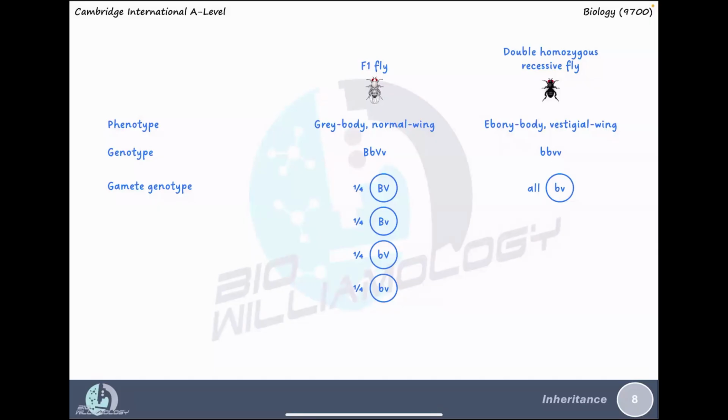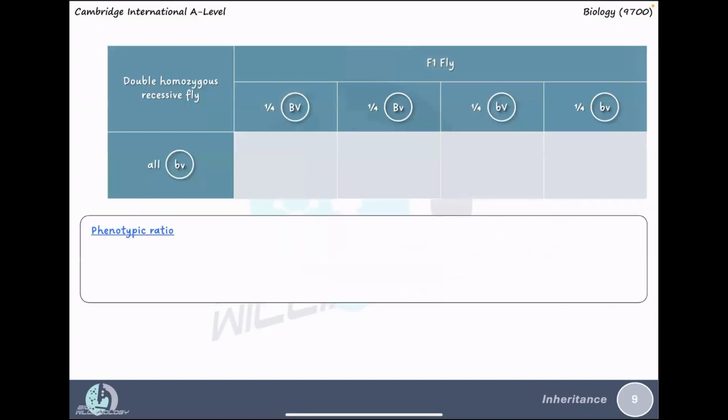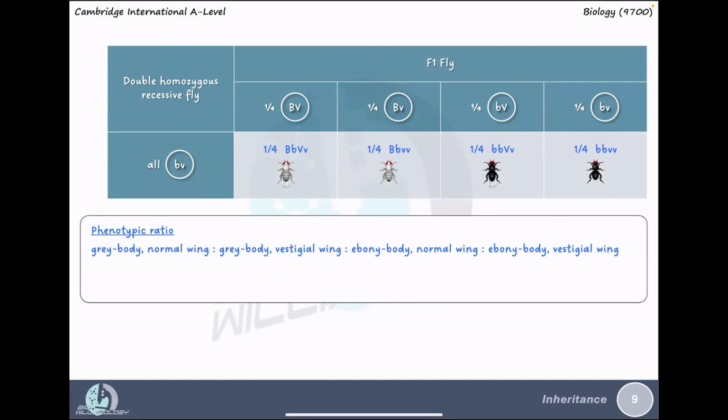Let us look at the Punnett square when we cross these two gametes together. We can see that the Punnett square shows the offspring from the cross in an equal ratio of 1:1:1:1 for gray body normal wing, gray body vestigial wing, ebony body normal wing, and ebony body vestigial wing.